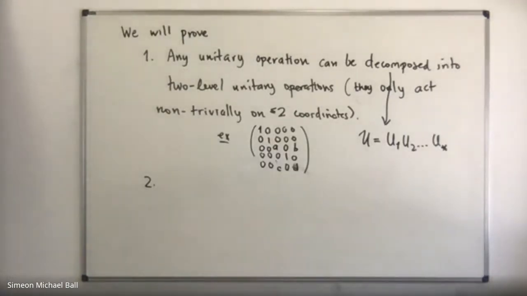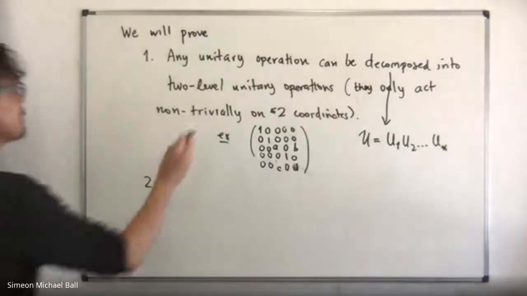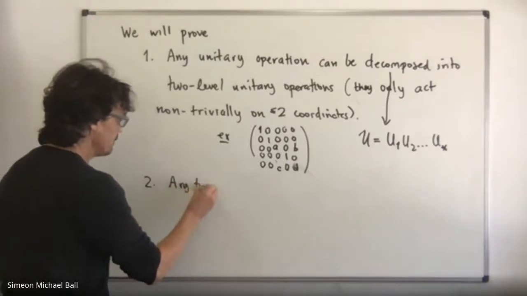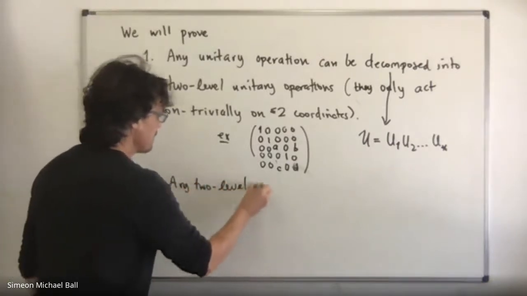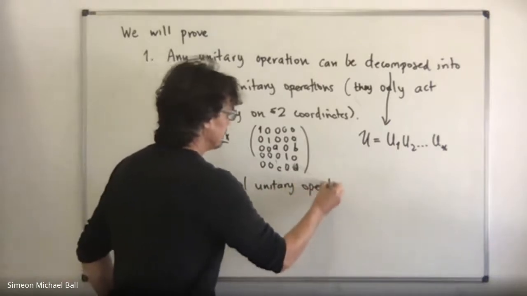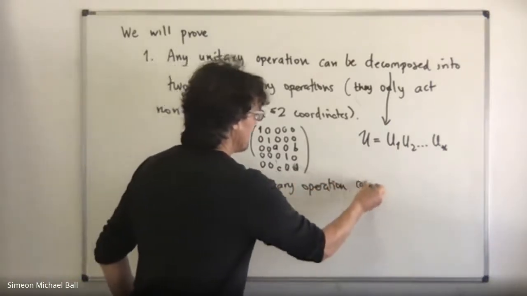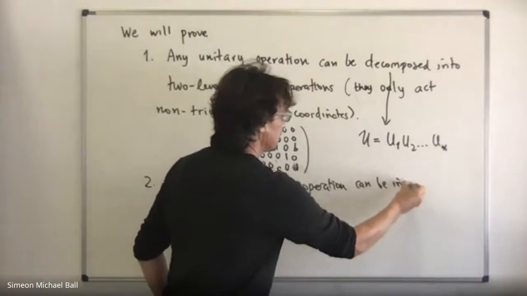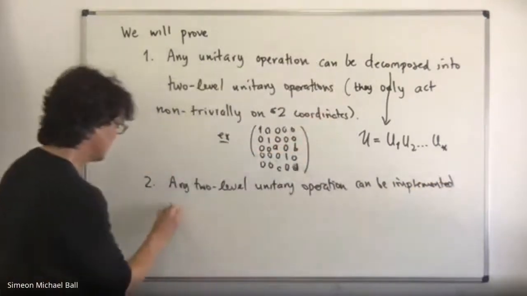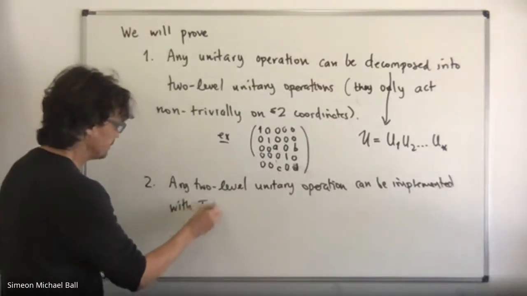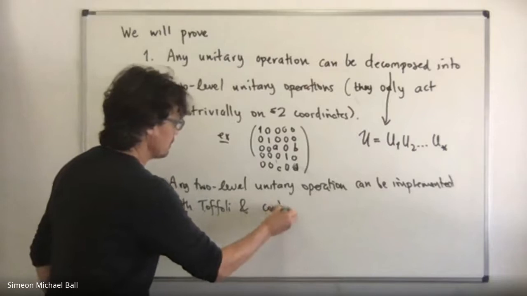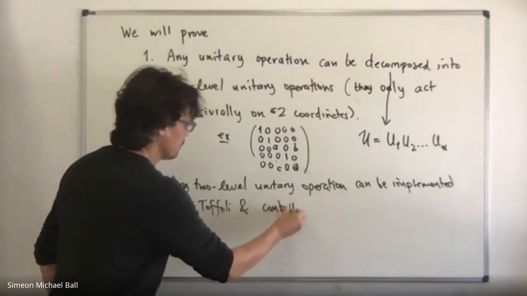Now, any two-level unitary matrix, so any two-level unitary operation, can be implemented with Toffoli and a controlled U, which I'll tell you what they are in a minute.